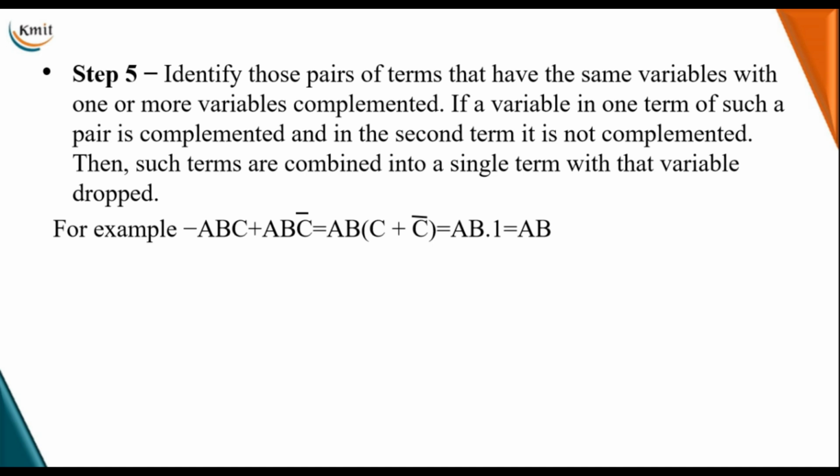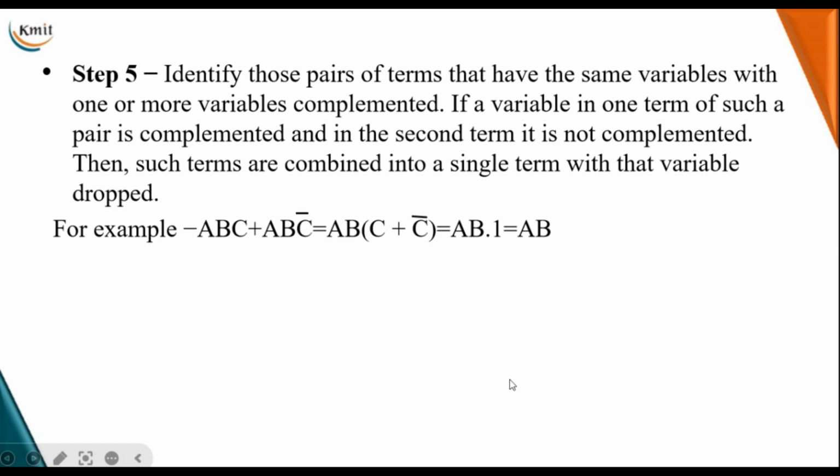Only one variable is different in these 2 product terms. In the first product term it is the uncomplemented variable C, and in the second product term it is the complemented variable C. Taking AB as common, we have C or C bar, which is 1. So we have AB.